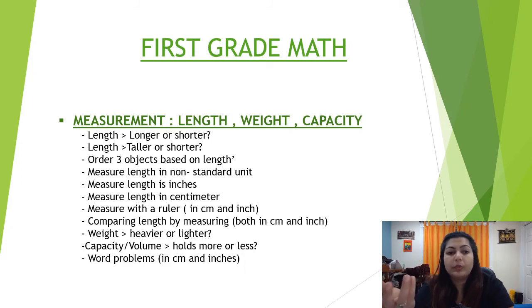Same with weight, heavier or lighter, but they don't do the units of the weight at this level. They will be doing it in the next grade. And for volume is the same thing. They will have to compare, like it holds less or holds more, but they are not going to do any units. Unit is only for the length in first grade.